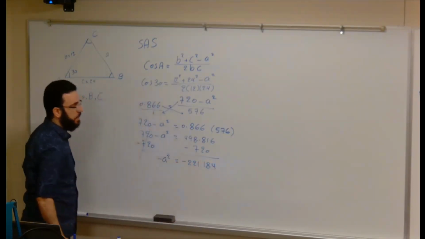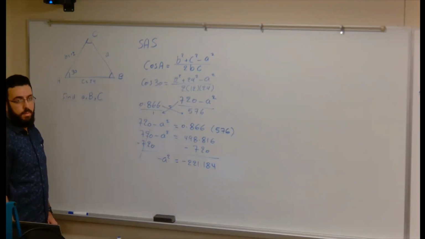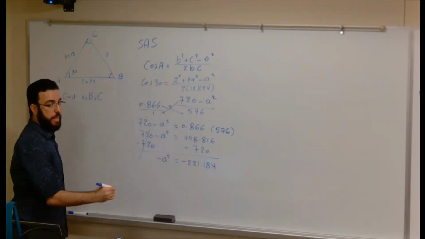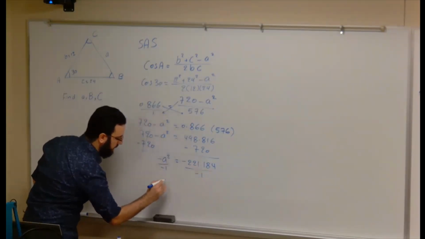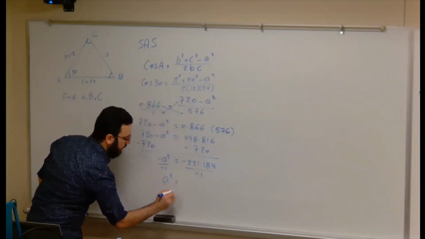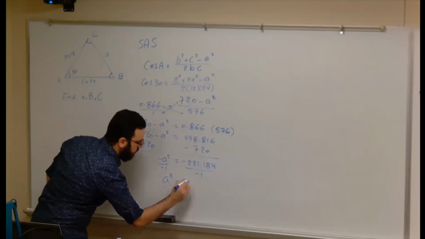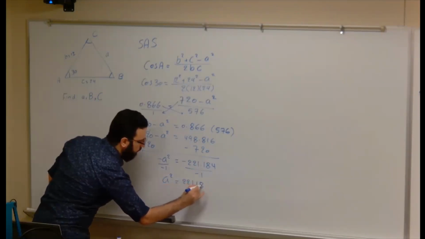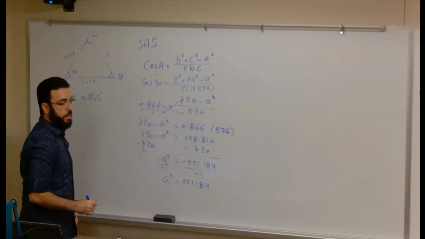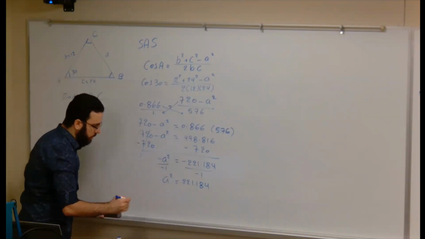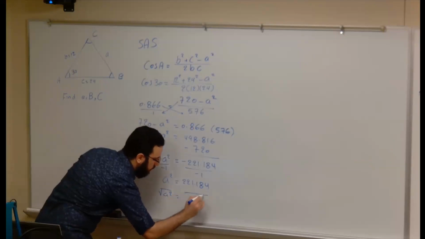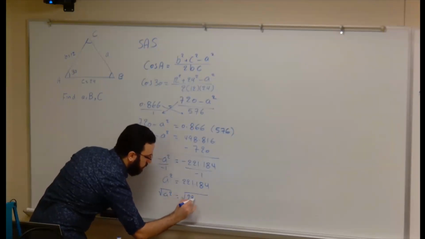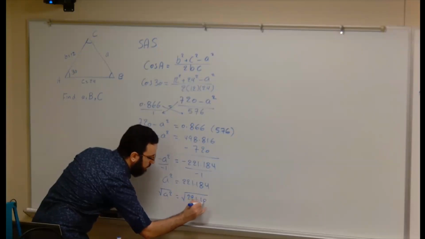Next step, divide by -1. That means A squared is going to be 221.184. Next step, take the square root. The square root of A squared is going to be the square root of 221.184.